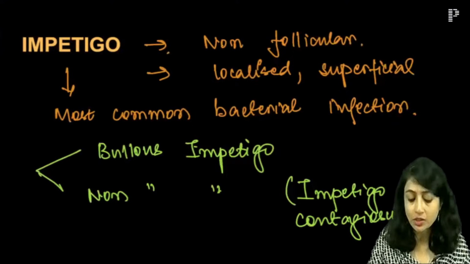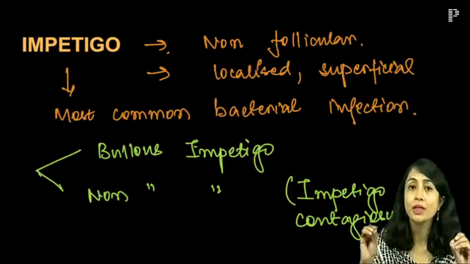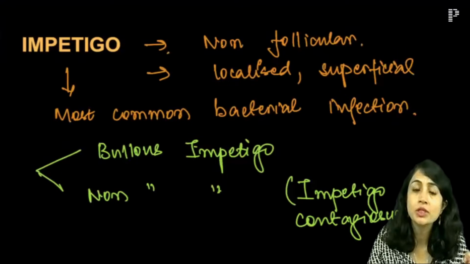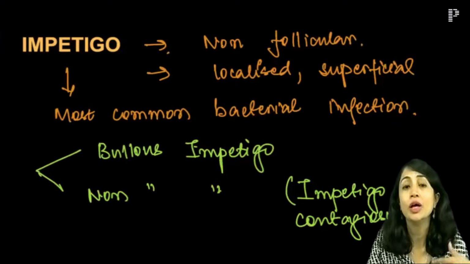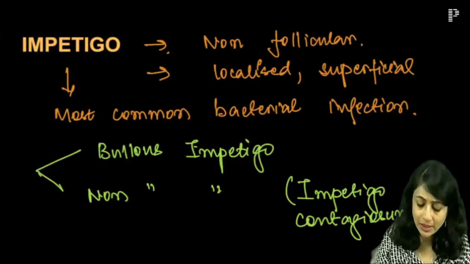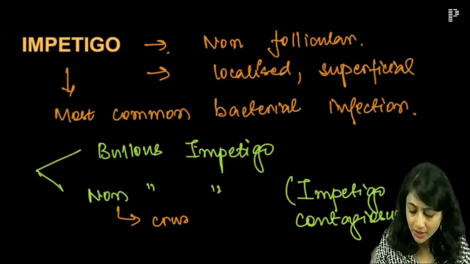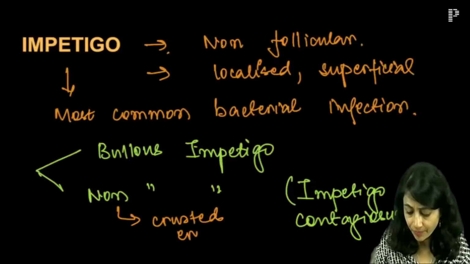Now, why do I classify it like this? Both are forms of impetigo, but in bullous impetigo, you see formation of bulla. In non-bullous impetigo, you also see formation of bulla, but then the bulla ruptures very soon, and so what you predominantly see here are crusted erosions.